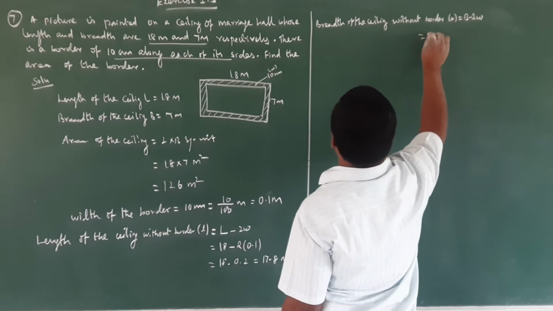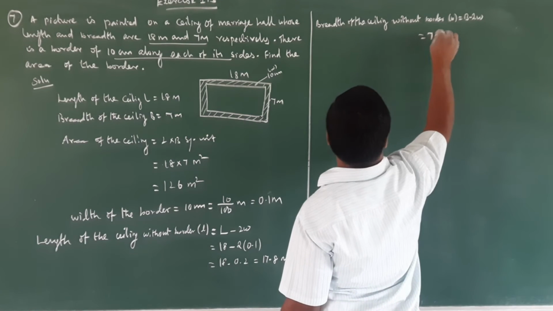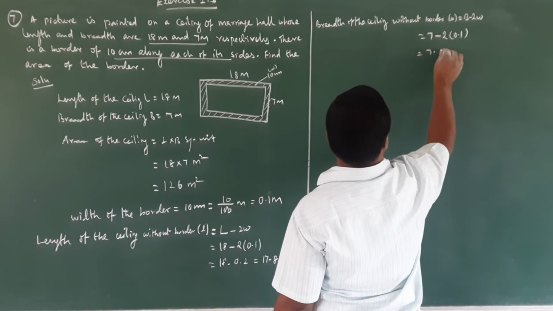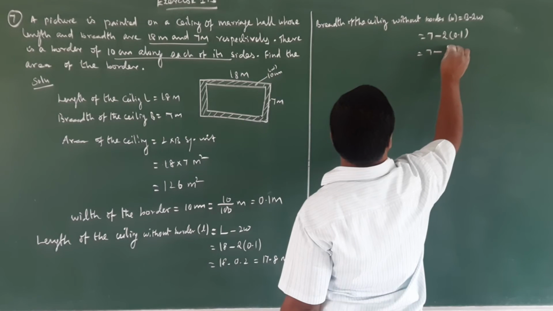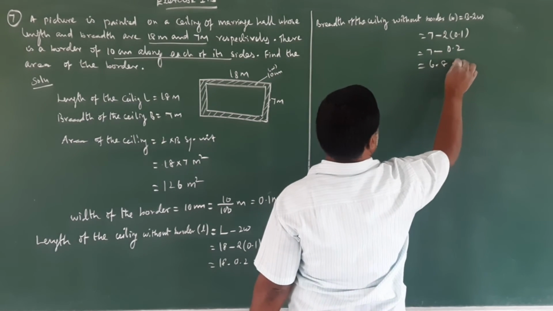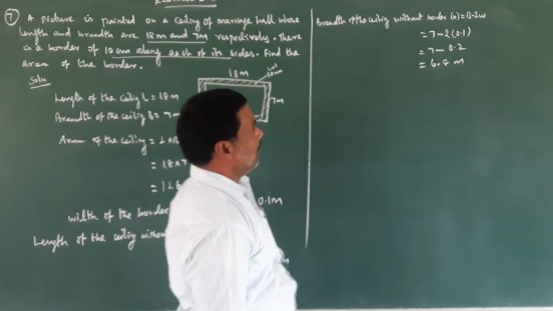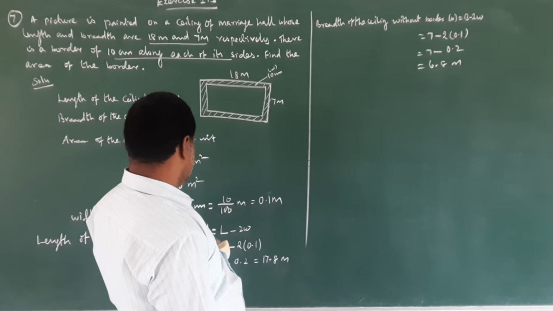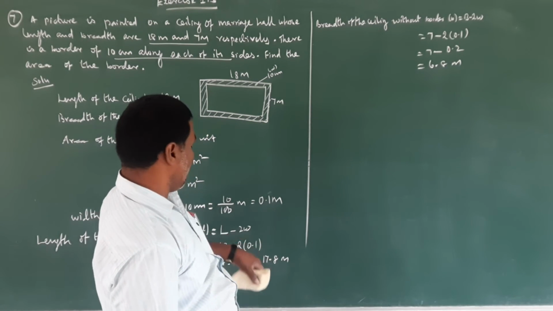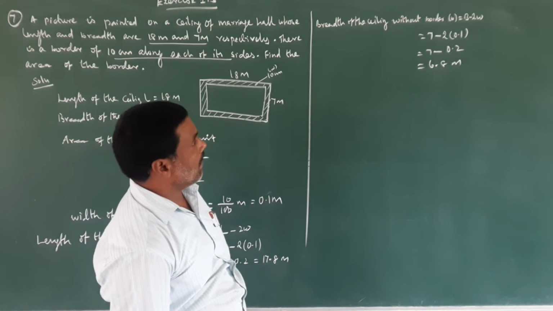Now capital B 7 minus 2 into 0.1. Now 7 minus 0.2. Now 6.8 meter. Now small l value given and small b value given.